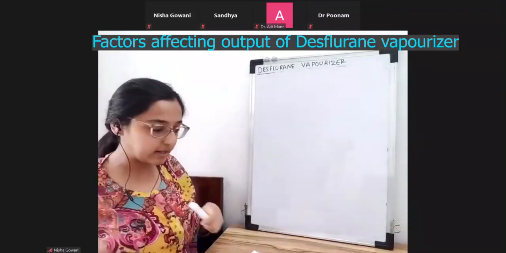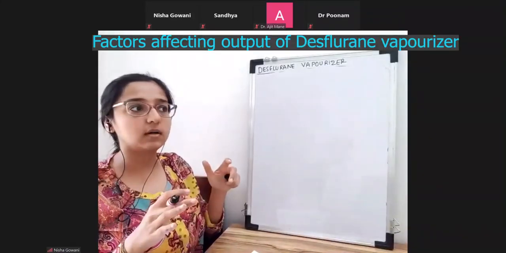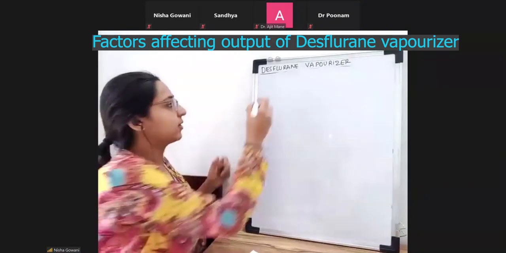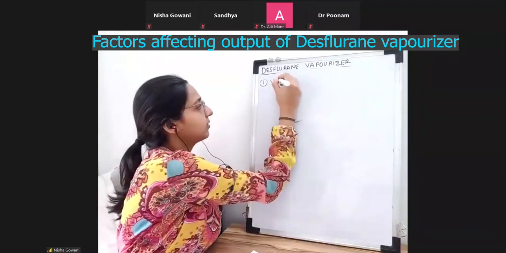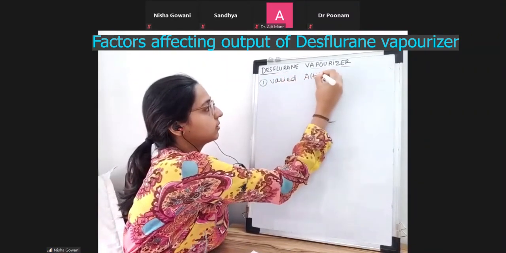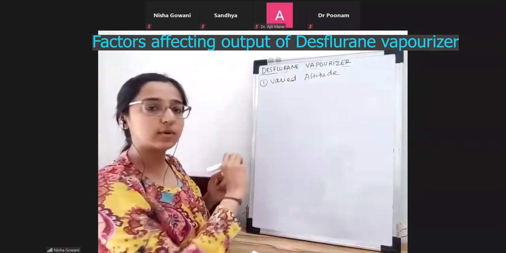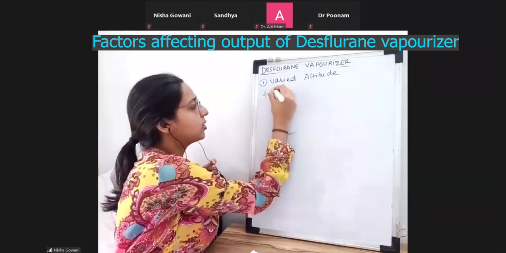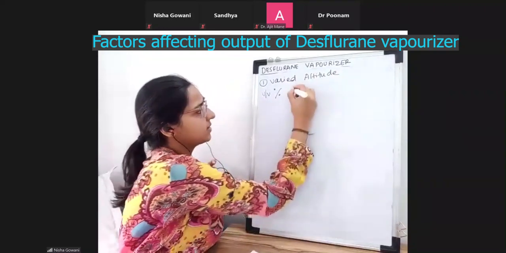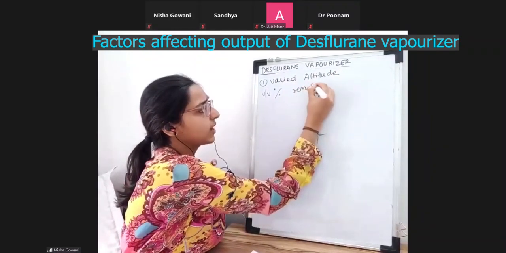The ambient atmospheric pressure is going to affect the output of the desflurane vaporizer. So we'll see how, with varied altitude. What they saw with the desflurane vaporizer is that the volume percent will remain the same when you calculate it.